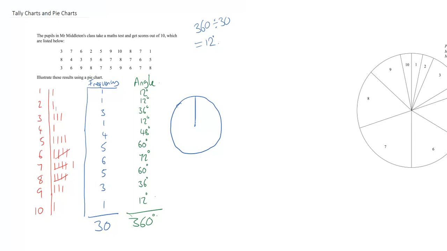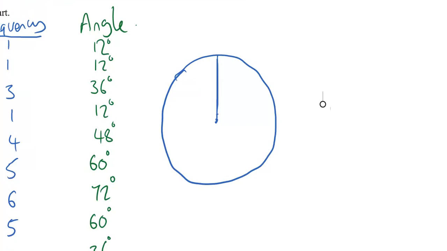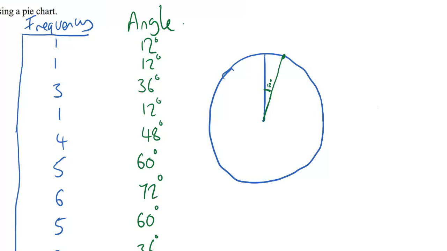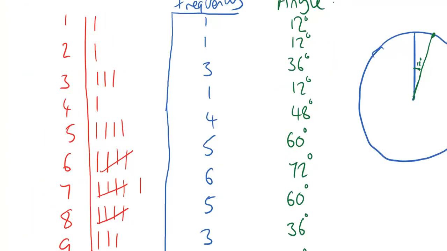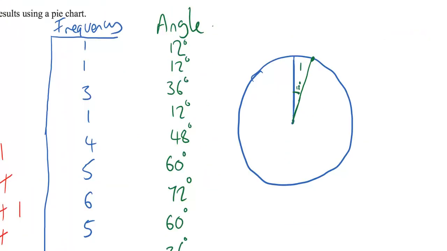Now, from this point, we're going to start with our circle, get our protractor, and measure 12 degrees, and that piece will represent, for example, a score of 1. Then the next 12 degrees that we measure using a protractor will be a score of 2.